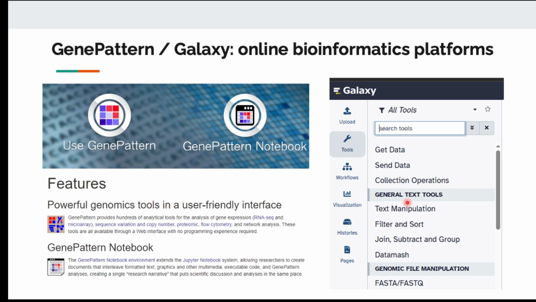You can run many bioinformatics tools online without using your own computing resources. GenePattern is a similar platform offered by the Broad Institute in the US that allows you to run a different set of bioinformatics tools as well.